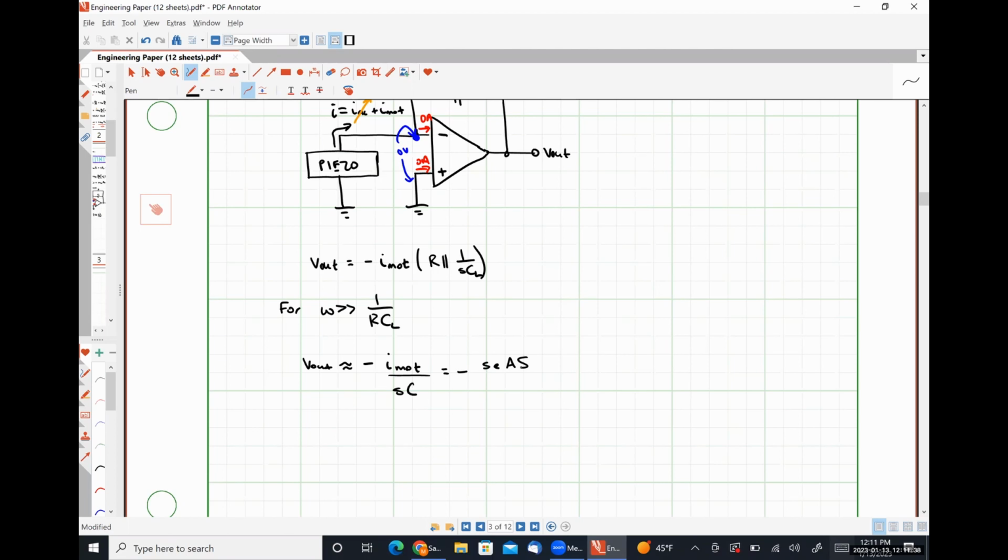And S is the strain in whatever direction we're looking at, divided by sC, sorry, this should be C_L. These two s's cancel each other out, and we effectively see that our output voltage is proportional to our applied strain, independent of frequency, which is exactly what you should expect. Like I said, if we hit it with a hammer, the amount of strain causes the voltage to get larger or smaller. Okay.